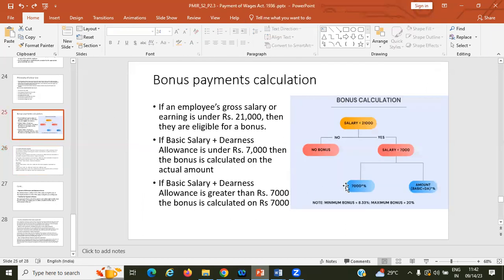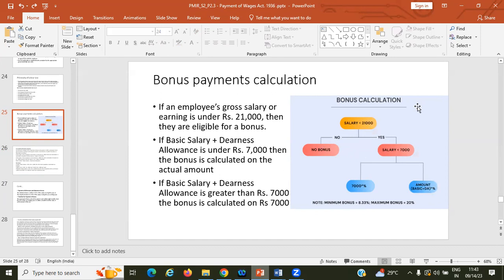If you look at this diagram, those figures are given. If the salary is less than 21,000, bonus applies. Suppose the company has decided no bonus, then there is nothing we have to do. If the company has decided to give a bonus, then we have to see if the salary is less than 7,000 or more than 7,000.